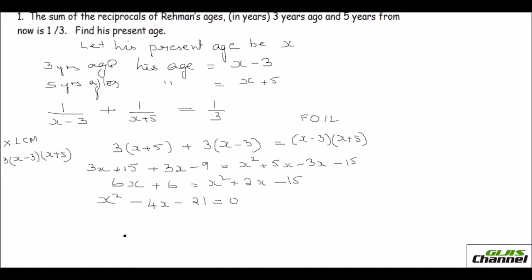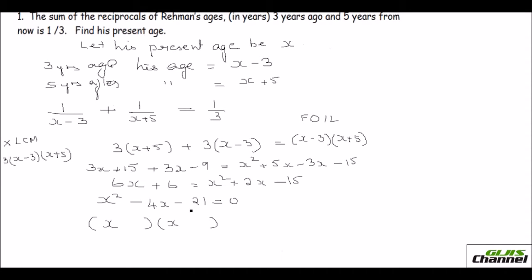Let's factorize or use the formula, whatever, and find the values of x. For me, factorization is easy. I can take this as 2 factors with x terms, so I put x and x here.